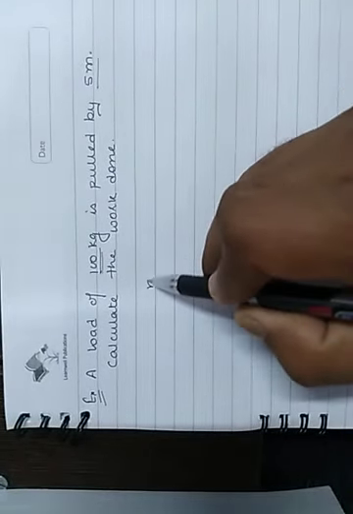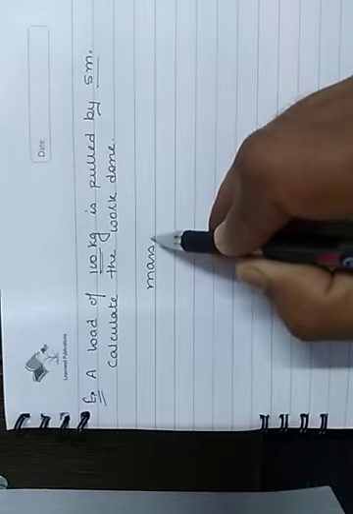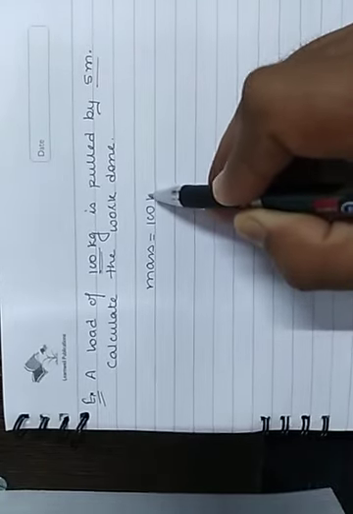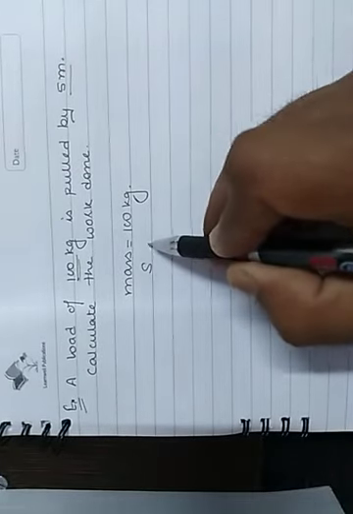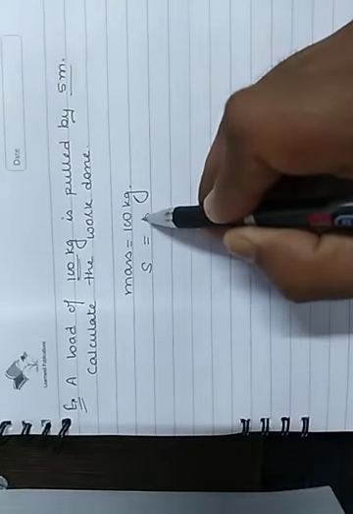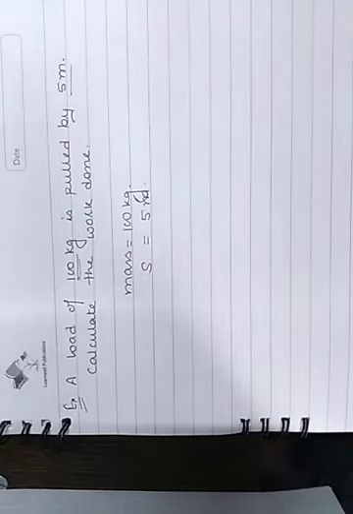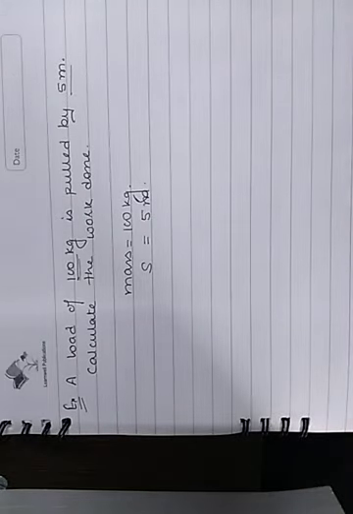A load of 100 kg, so this is the mass, is displaced by S is 5 meter, and we have to calculate the work done.